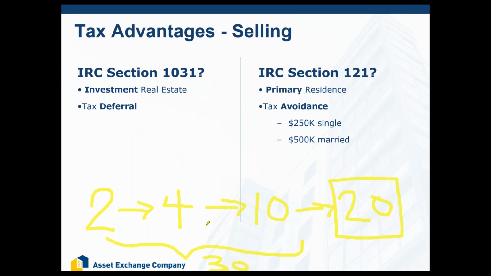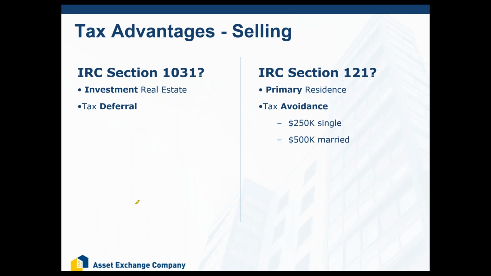And ladies and gentlemen, what happens when you cash out is you pay the taxes on your ultimate sale, but then also all of the transactions that preceded it. Right? The tax bills don't go away.